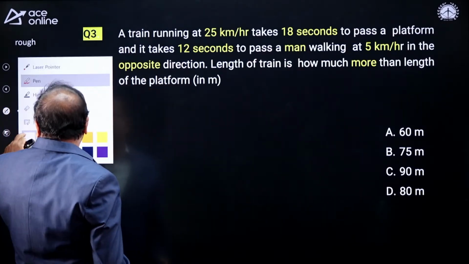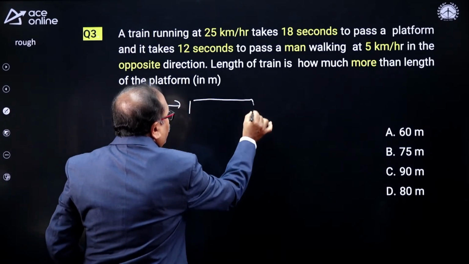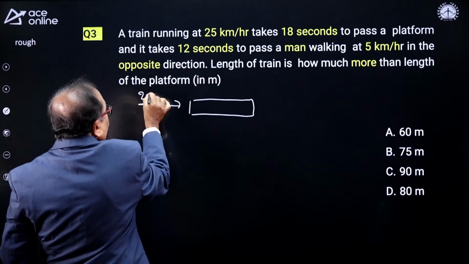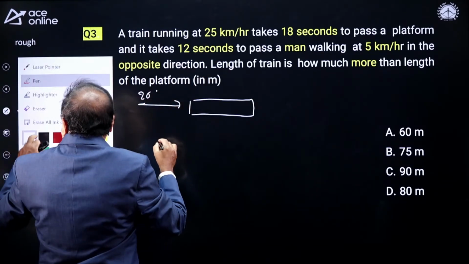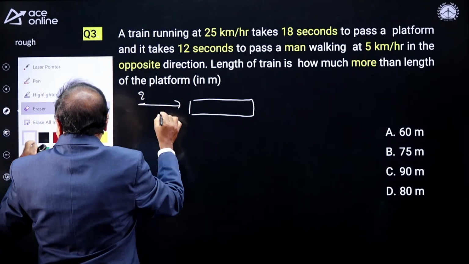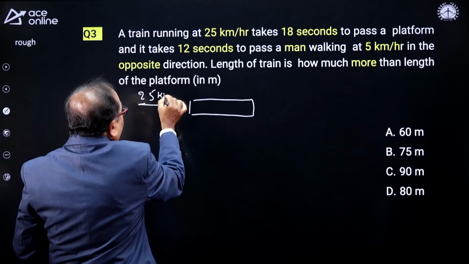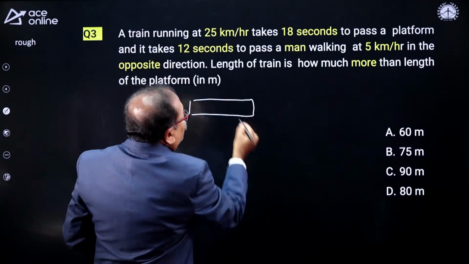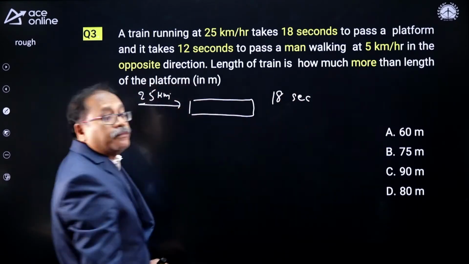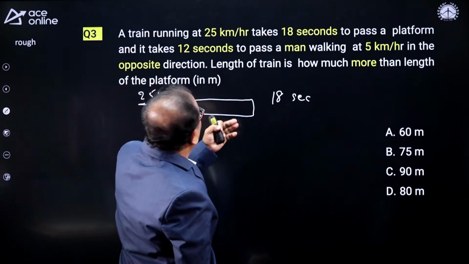There is a train and it crosses a platform, and the speed of the train is 25 km per hour. And it crossed the platform in 18 seconds. Fine. We are understanding the statement.